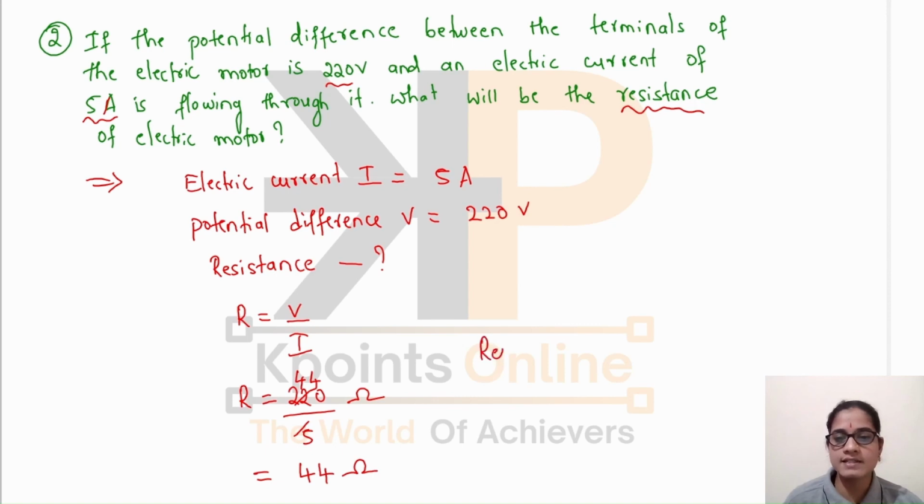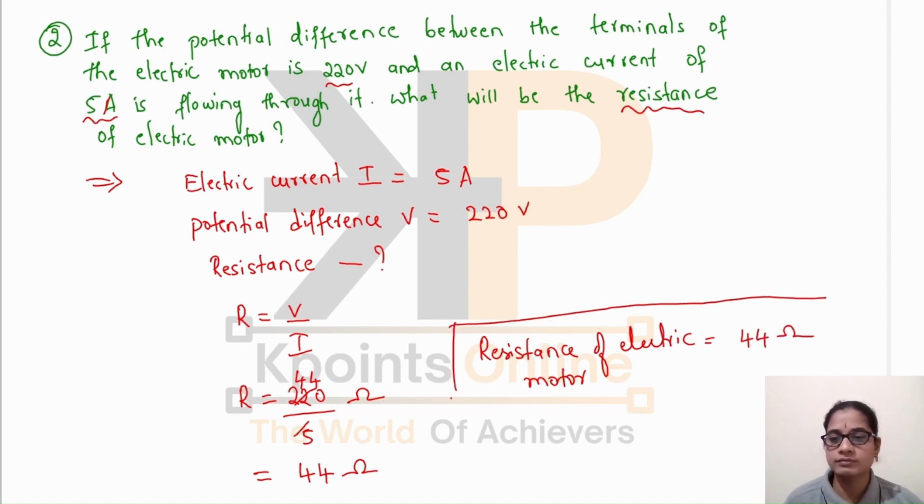The resistance of the electric motor is equal to 44 ohm. This is the answer.